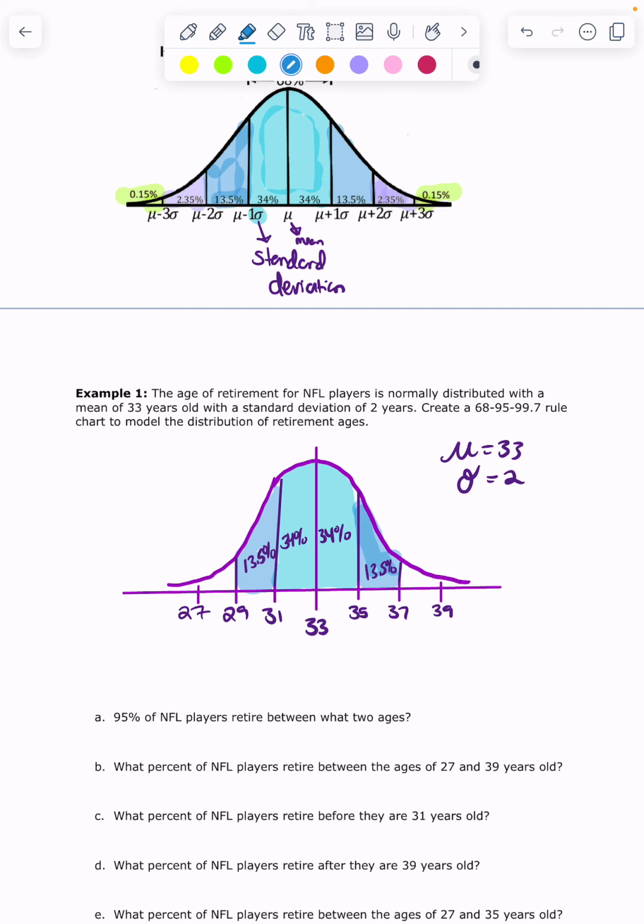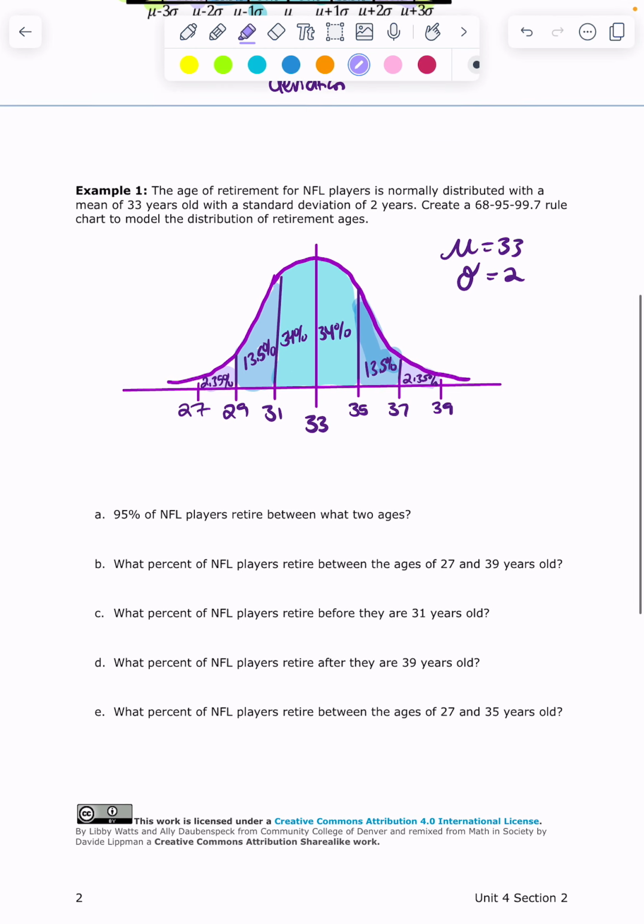And then the next one is 2.35%. Okay, and I'll shade those in, I don't have much room here. So I should have everything I need now to answer the questions.